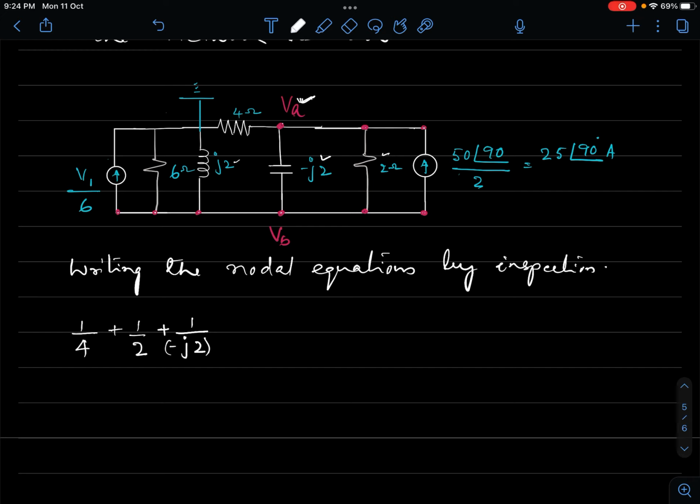Reciprocal of resistance is conductance.